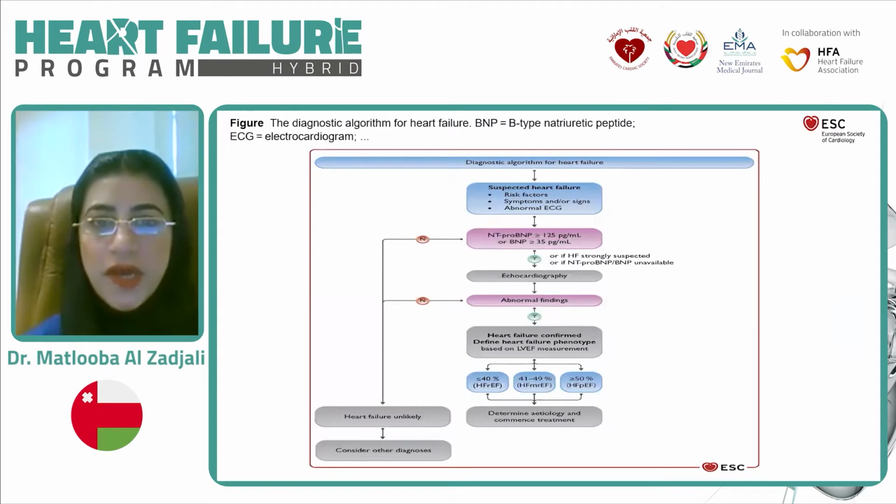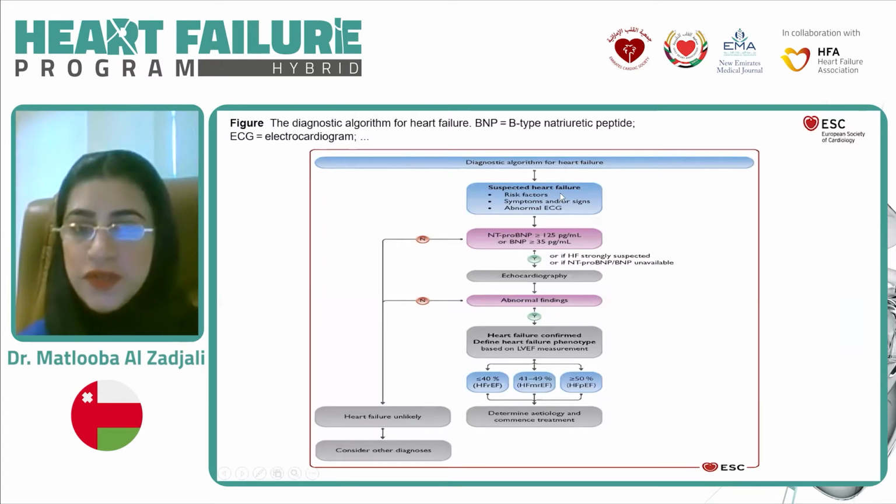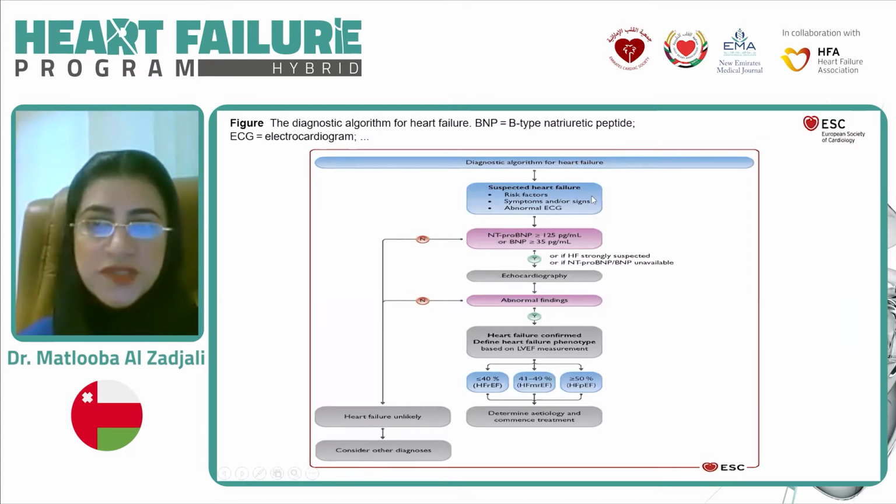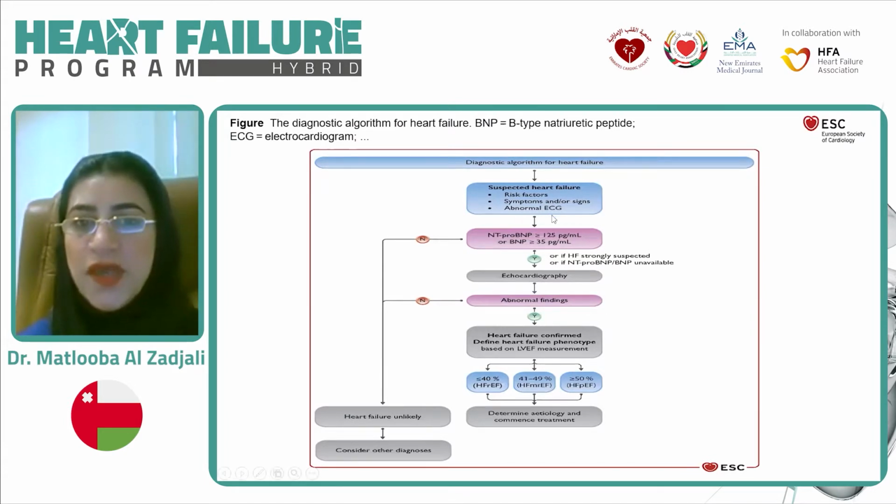So this is the algorithm when you're dealing with a heart failure patient or suspected chronic heart failure patients. You need to look for the risk factors, take the patient's history and physical examination. You have to dig into their signs and symptoms, and then conduct ECG. If the ECG is abnormal, then you have to consider NT-proBNP or BNP.